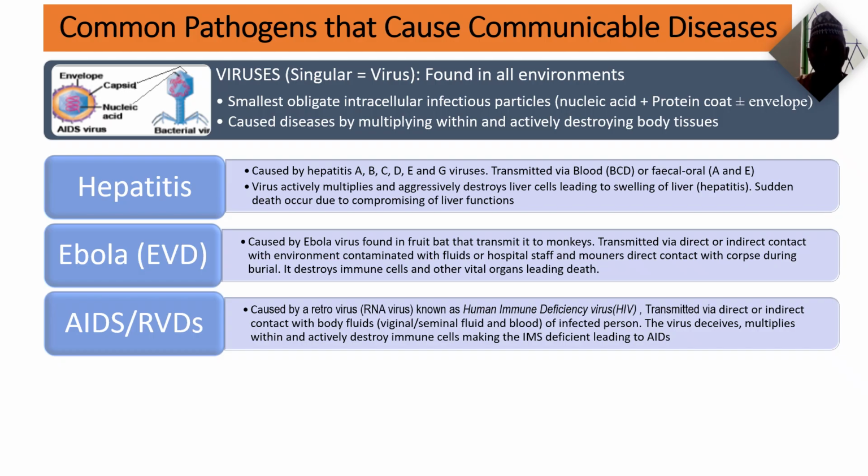So once in the body, the virus deceives the immune system, and it multiplies within the immune cells and actively destroys them, thereby weakening the immune system, making it incapable of fighting diseases, as a result of which many diseases which could have been prevented by the immune system will now accumulate in the body and exert multiple effects, which is called a syndrome.